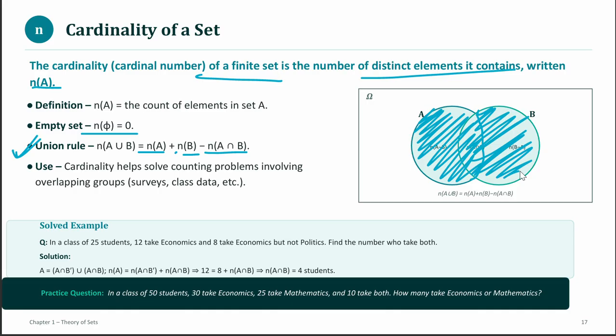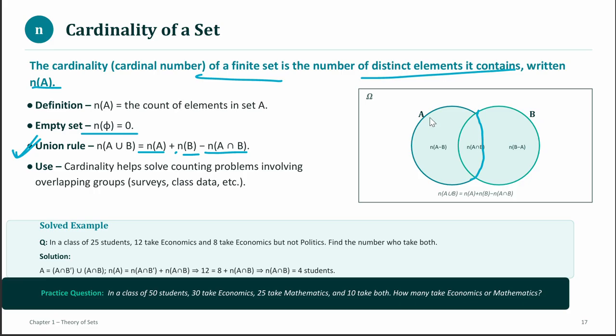Now, when I'm saying n of A, I basically mean this region. When I'm saying n of B, I basically mean this region.